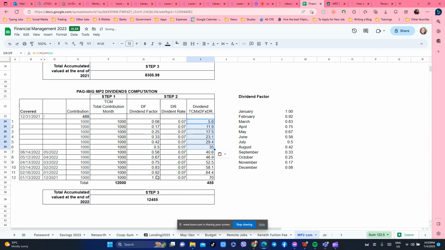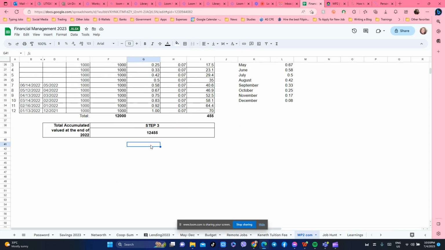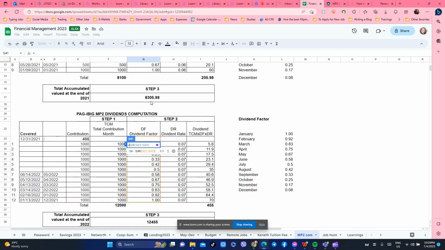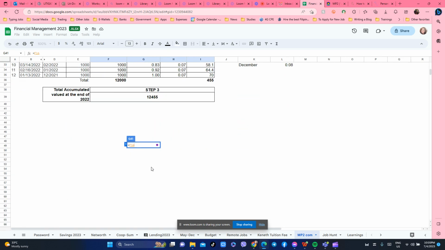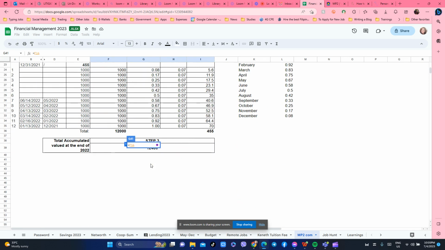so that we can get the total dividend. So we have the total of 455 pesos for the year 2022. So adding this, we have 12,000 plus 455, and you can get 12,455. So adding this, we're gonna have a total of 8,305 plus this one. Oh, no value.